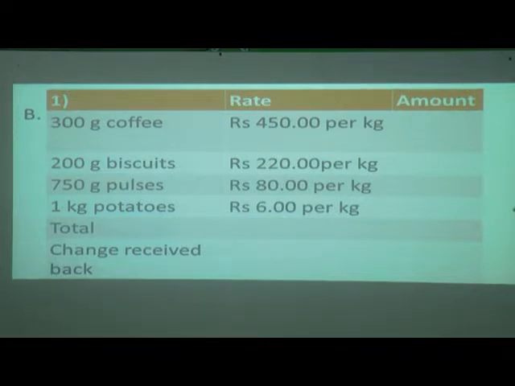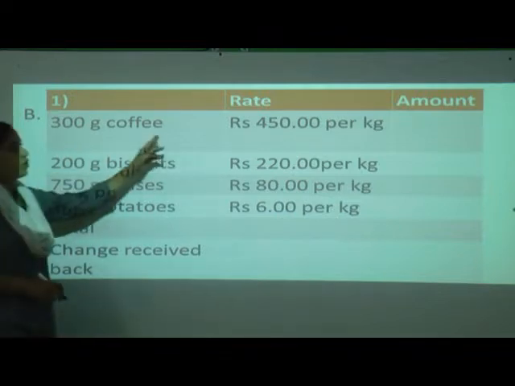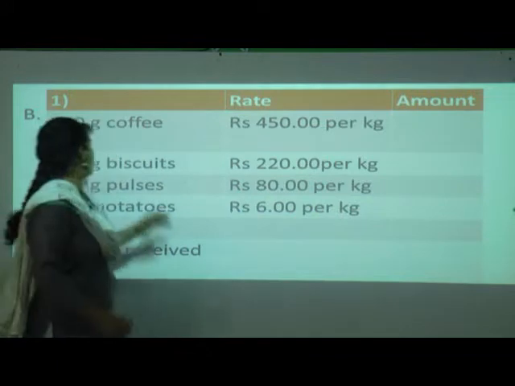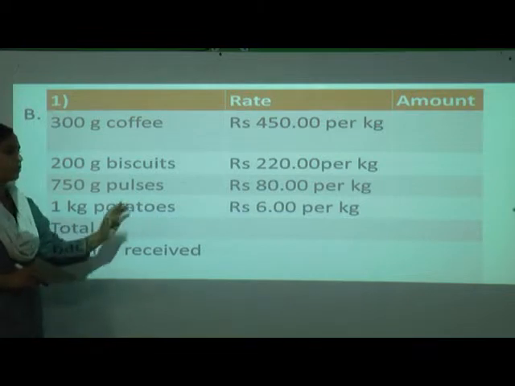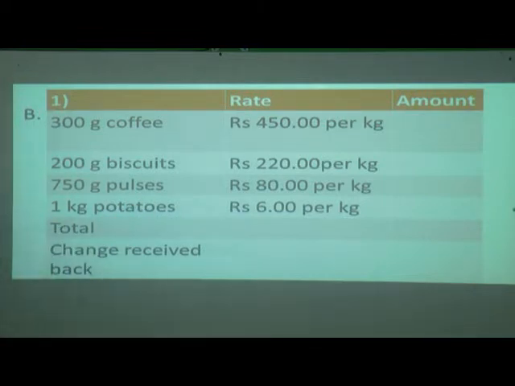Coffee, 300 gram coffee for rupees 450 per kg. 200 gram biscuits for rupees 220 per kg. 750 gram pulses, rate rupees 80 per kg. 1 kg potatoes for rupees 6 per kg. So here they asked: calculate the cost of the purchase below. What change would you receive in each case if you gave the cashier rupees 500? So for that we need to calculate all this, and then we have to subtract the answer from 500. So first we will calculate all this.